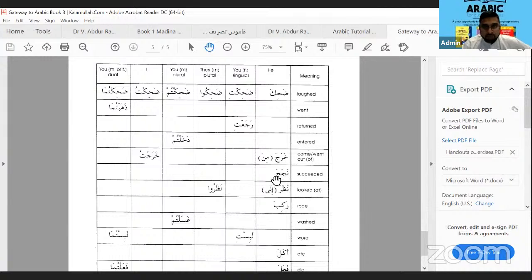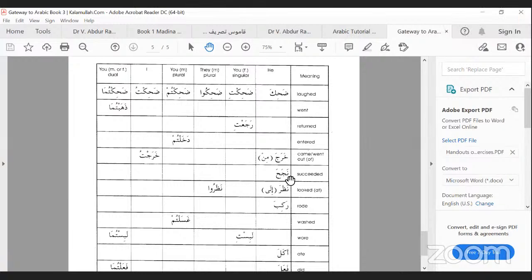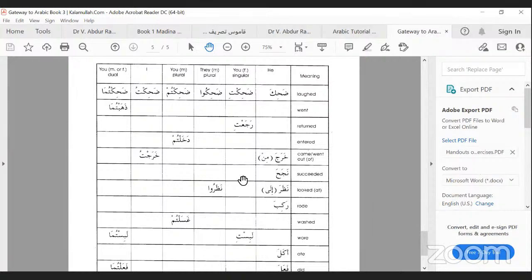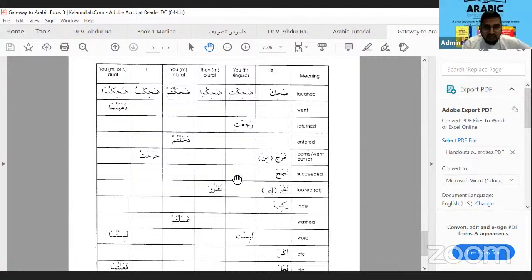So, Binish, come on. How do you say najaha means he succeeded? How would you say you one female succeeded? Najahti, excellent.